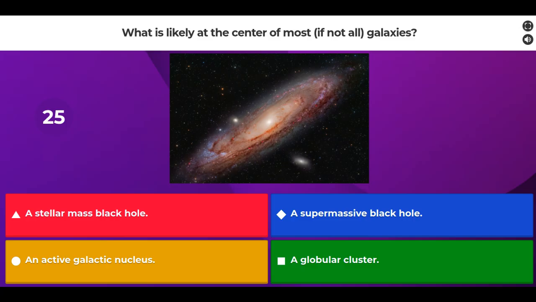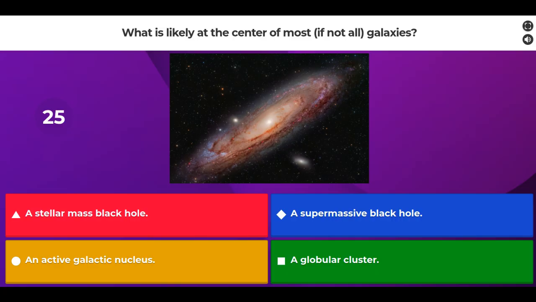So what did we say was at the center of all of these galaxies? Yeah, so it'll be a supermassive black hole.